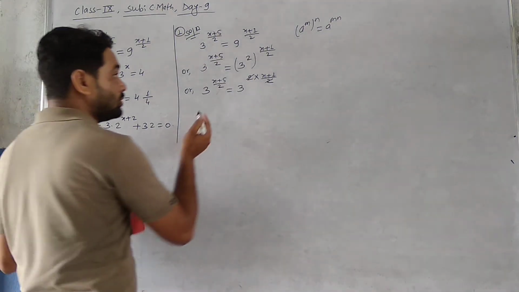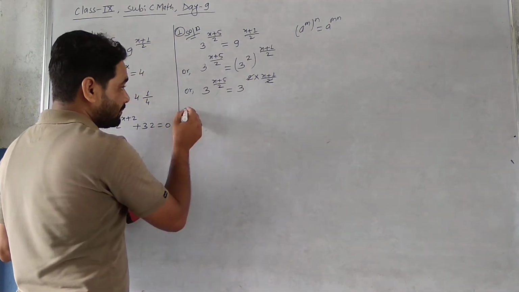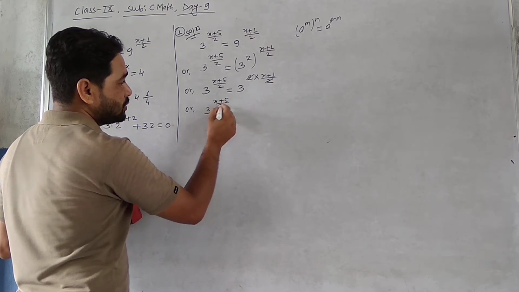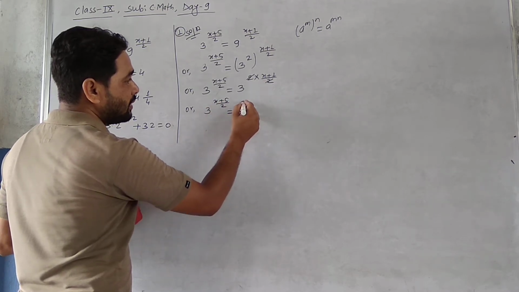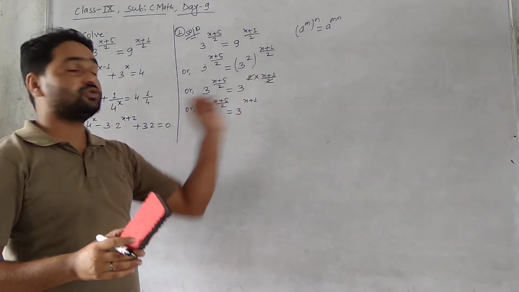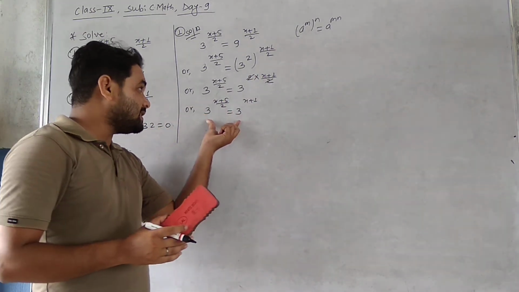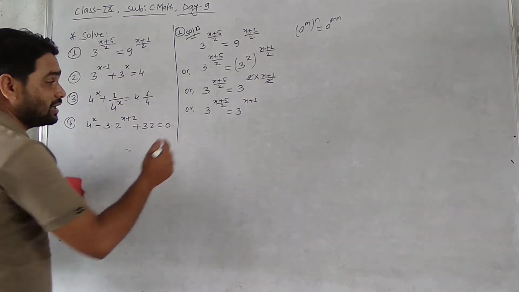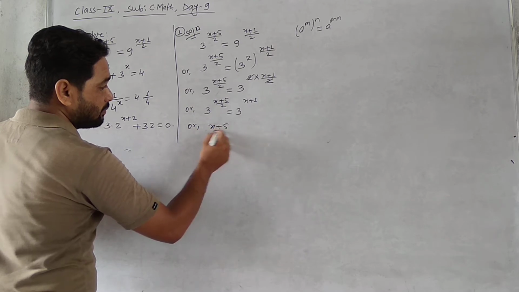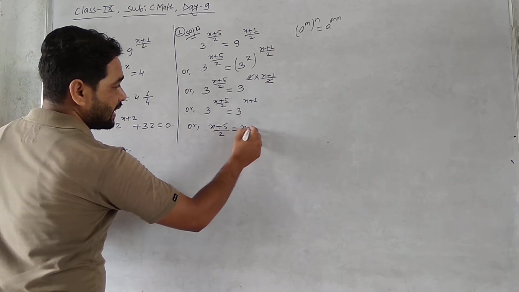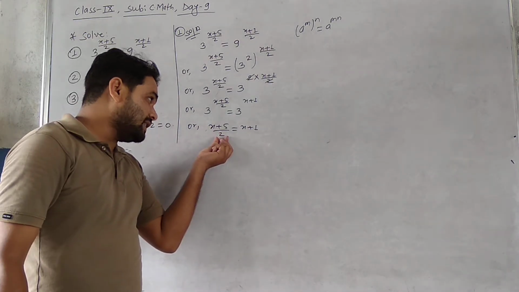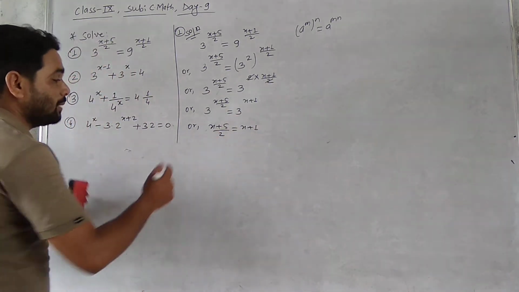Now look, 2 is in the denominator on this side and 2 is in the power on that side, so we can cancel them. The base is the same, so let's write it once: 3 power x plus 5 by 2 equals 3 power x plus 1. Now the base is the same, so we can equate the powers, that is the law of the exponential. We write x plus 5 by 2 equals x plus 1. This 2 is dividing here, and on this side it multiplies.